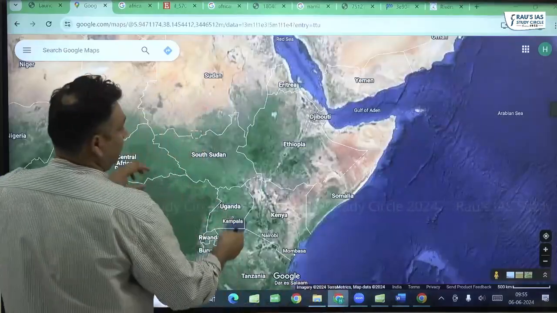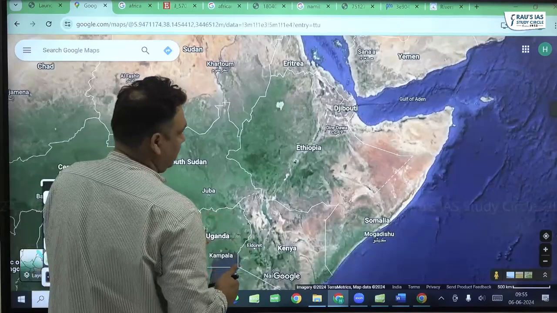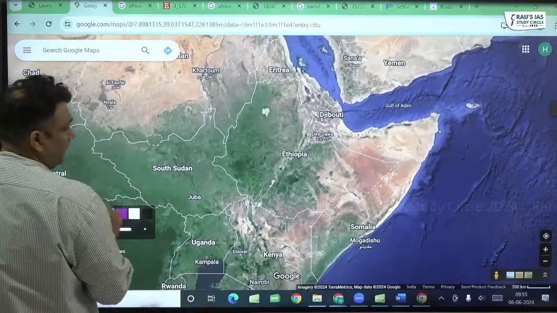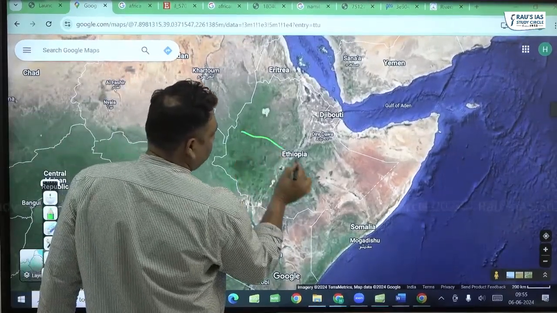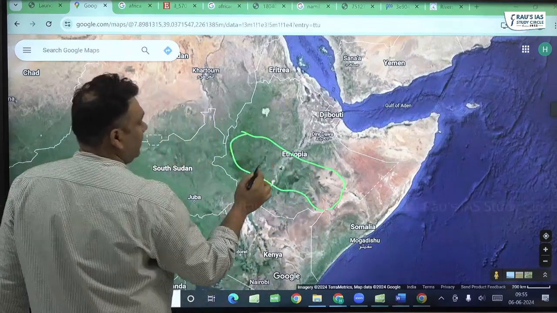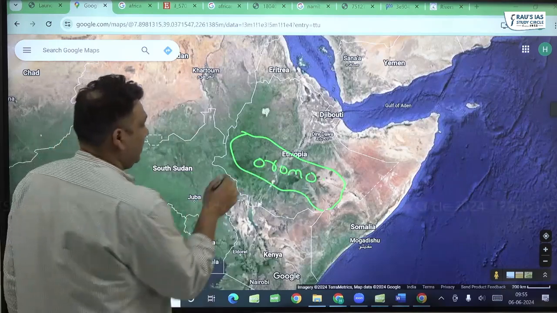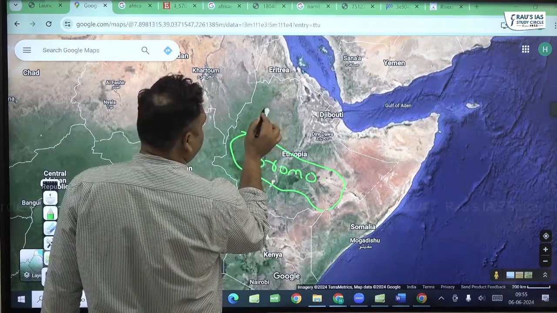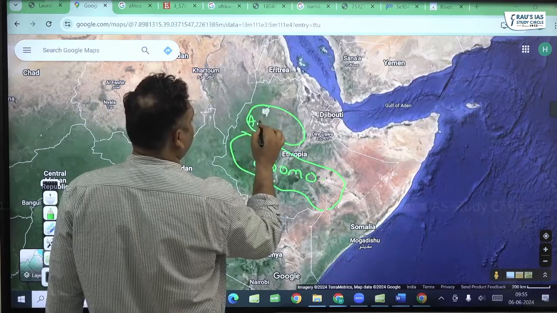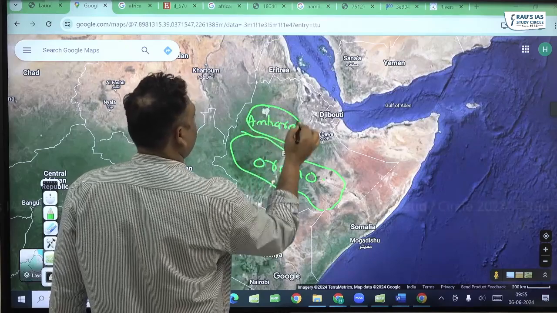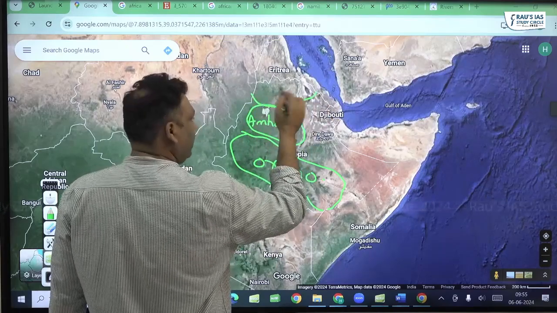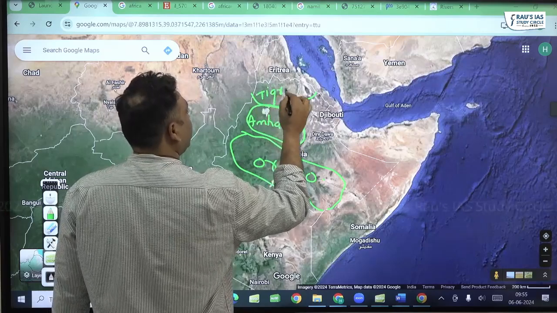Okay, I'll show you in geography here. So around this part now, you have Oromo group. This region over here, you have Amhara. And in the northern part, this hilly part, you have Tigray people.